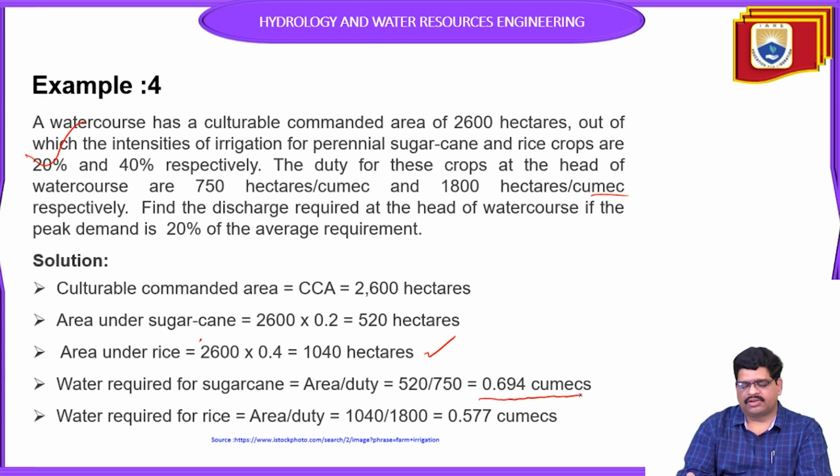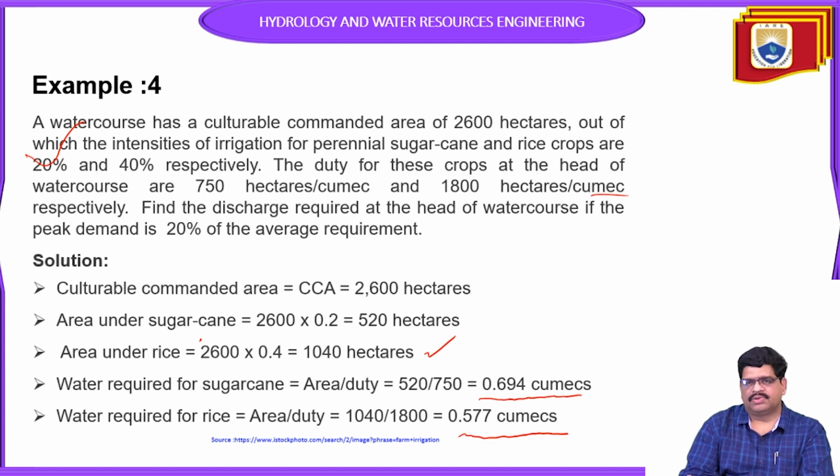That is the total requirement for sugarcane. And water required for the rice is equal to area divided by duty, that is equal to 1040 divided by 1800, that is equal to 0.577 cumec.